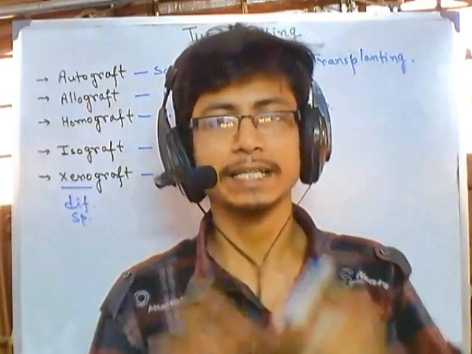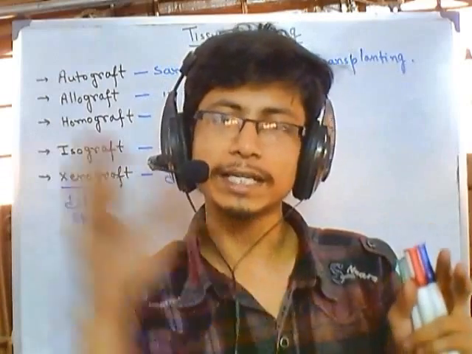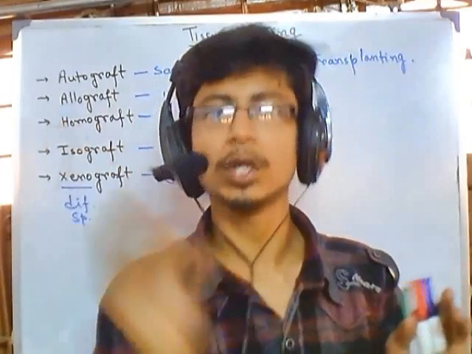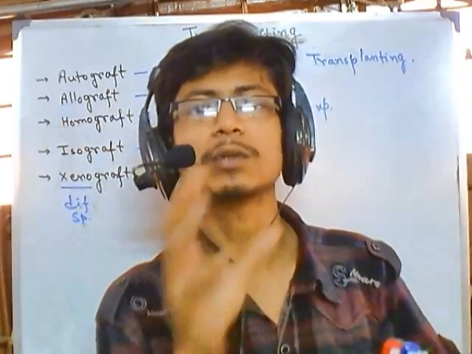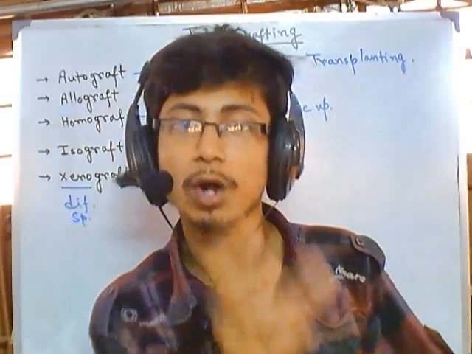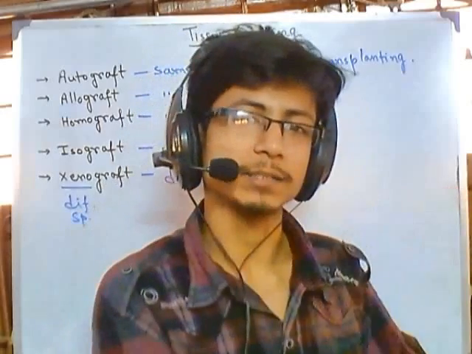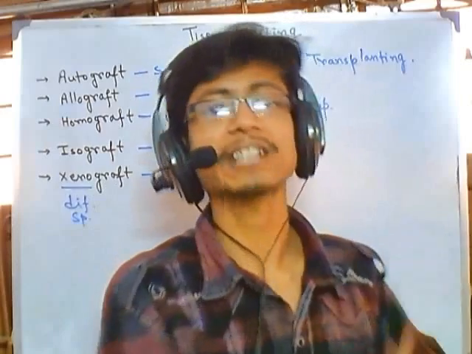As a result, that organ is not getting any food or oxygen, and the organ starts to die. That's how the new tissue or organ is rejected by the body, because it recognizes it as non-self material.